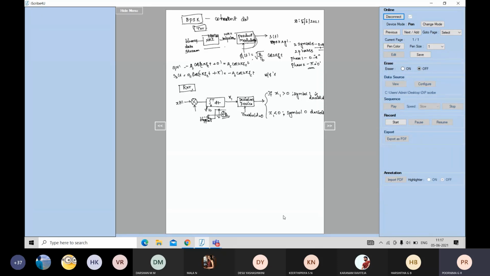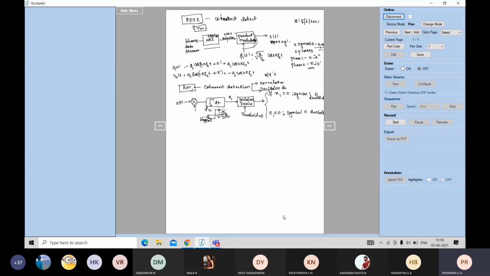In coherent detection, there are two blocks associated. One is the multiplier or the correlator, and the next device is the decision device.